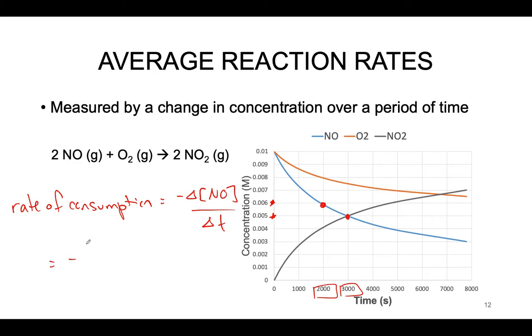So a negative final concentration, which is 0.005 molar, and we're going to subtract out the initial concentration here, our 0.006 molar. Take this all divided by, again, 3,000 minus 2,000, which is a difference of 1,000.